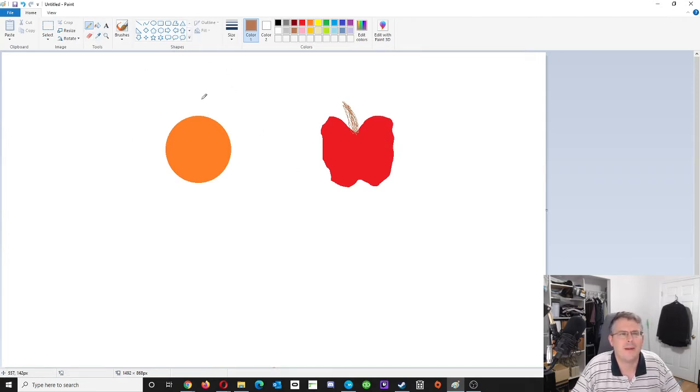And let's say the orange people start optimizing their processes. They grow a better orange. Oops, wrong color. Our oranges get a little bit bigger.